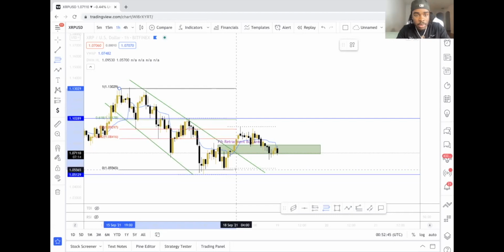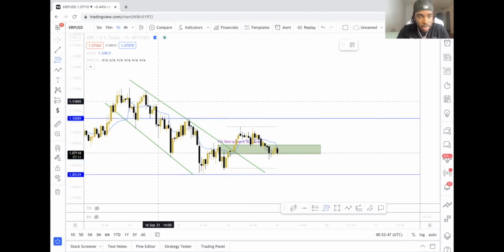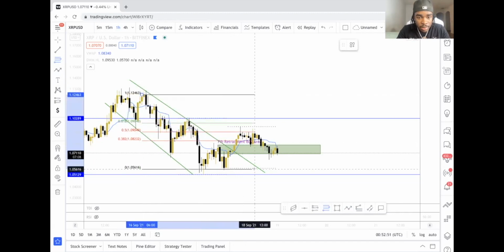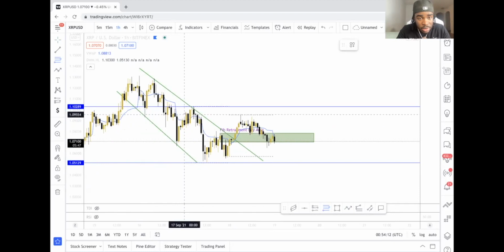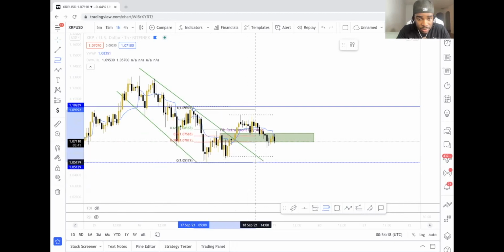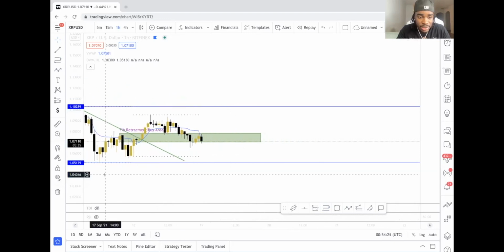Or maybe some people may place it at this candle and not include the wick, right? Or maybe you have some people that put it from this high to that low on that little downtrend, right? So it's all user-based, but I'm gonna show you guys how I used it today.